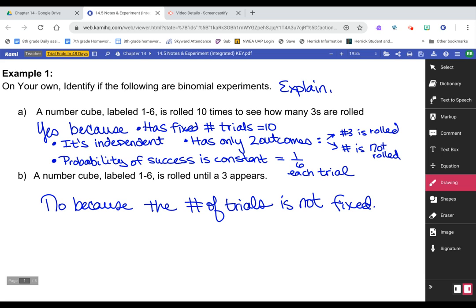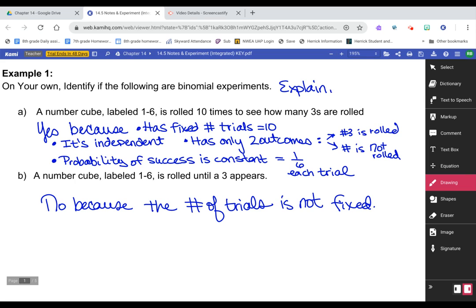It only has 2 outcomes. Either you roll a number 3 or you don't roll a number 3. And the probability of success is constant because it's always going to be 1/6 each time. 3 is only on the die once. Therefore, 1 out of the 6 numbers would make it a yes that you rolled a 3.